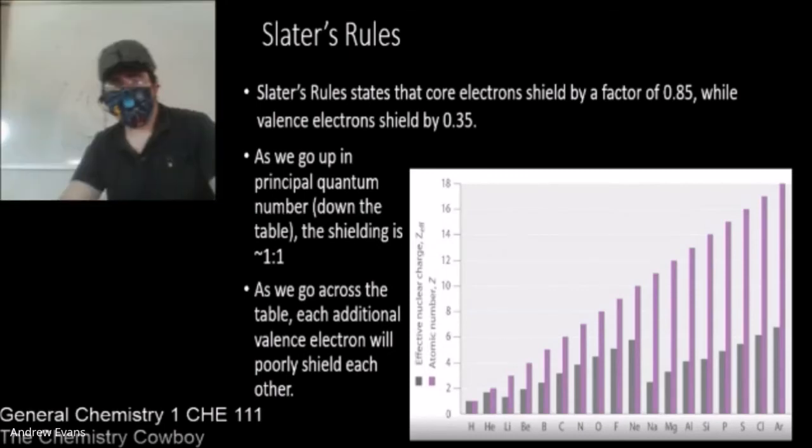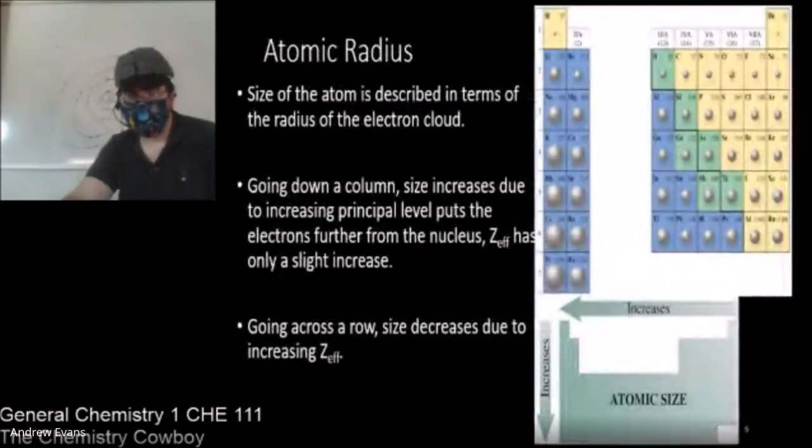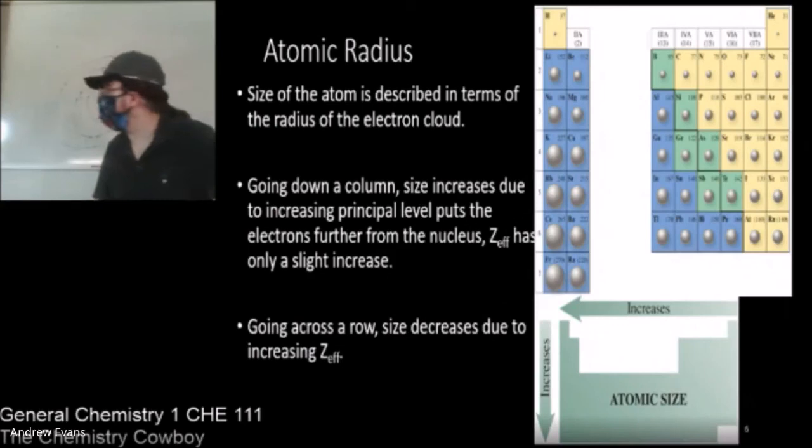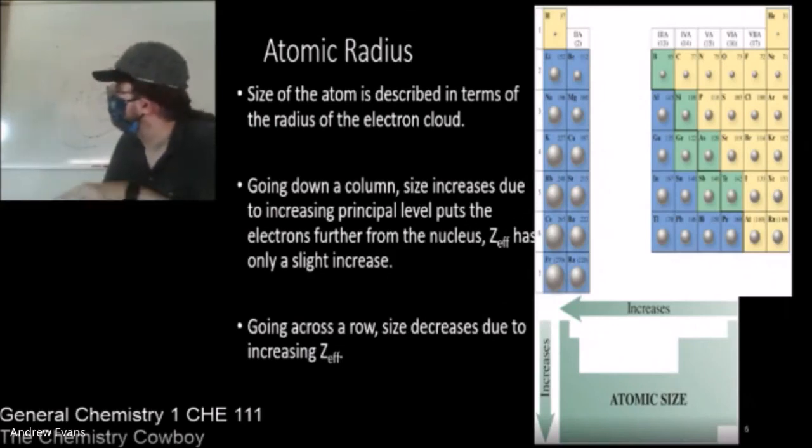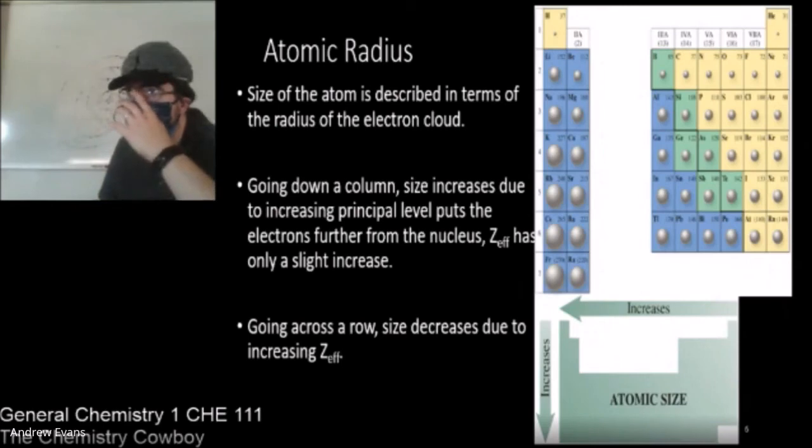And where I'm going to leave us today to catch us completely up is with this slide, atomic radius. That we are going to describe the atomic radius in terms of this electron cloud. How we can imagine this is the Z effective is going to affect that electron cloud.